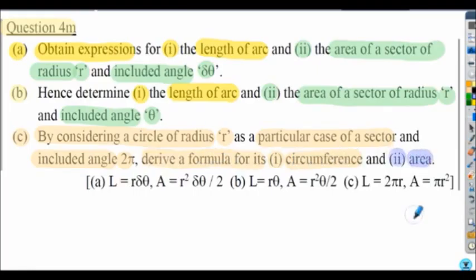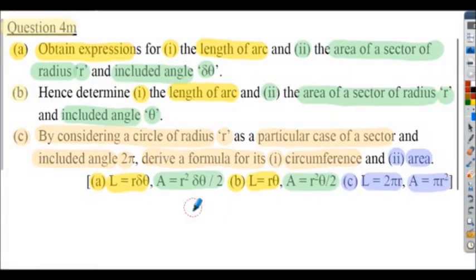So again, that's an integration process required. Answers to part A and part B shown here, and answers to part C shown here. If you think you can attempt this question without further information, I'd encourage you to stop the presentation and do so now, but I will show you some hints on the following slide, should you need some help to commence a solution.